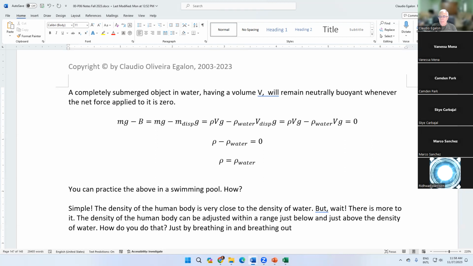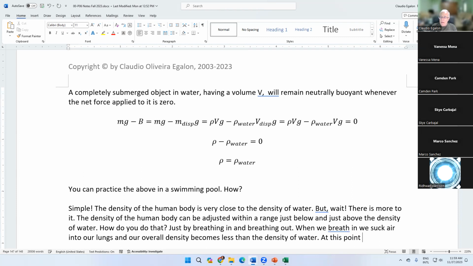Can you picture that? When we breathe in, we suck air into our lungs and our overall density becomes less than the density of water. At this point, we float.